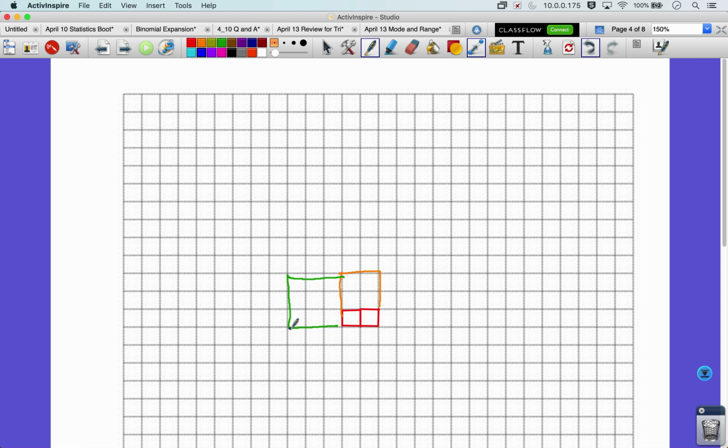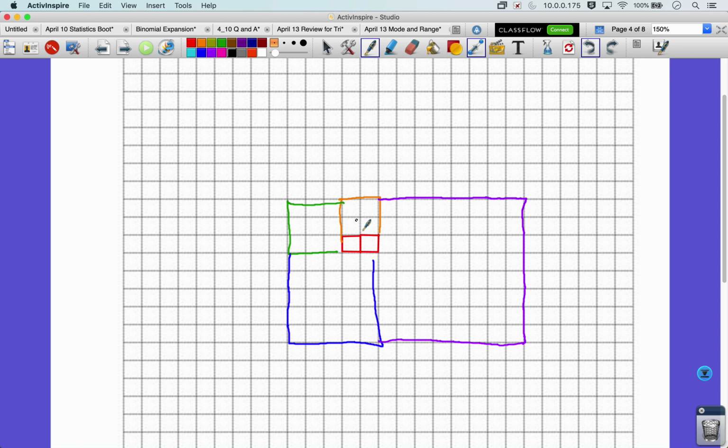It's 5 units, so you go 5 down, 1, 2, 3, 4, 5. This next one, this is 8, so 4, 6, 8. The next one after this would be 8 plus 5. But I think you're getting the gist.